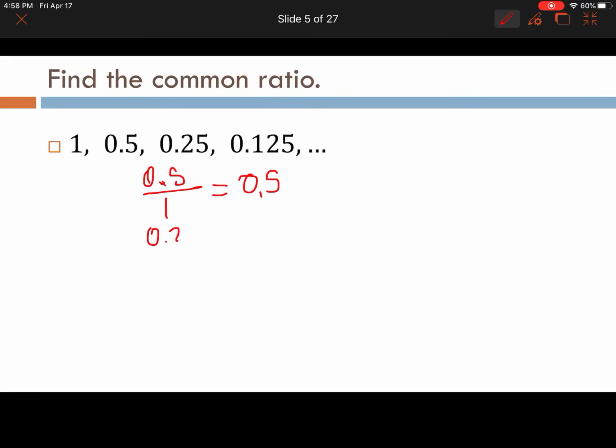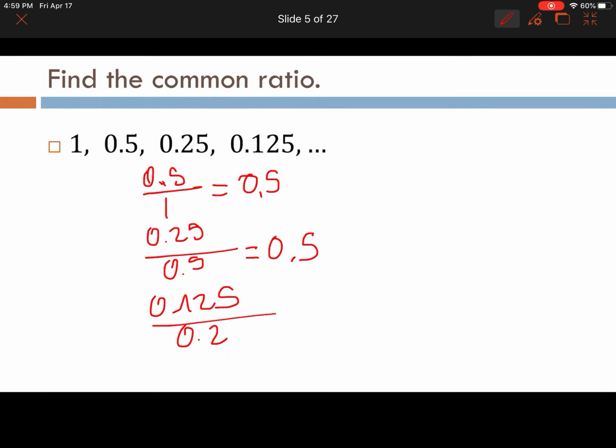So 0.25 divided by 0.5, that is going to give us 0.5 again. And it's true as well that if we did 0.125 and divide that by 0.25, we also get 0.5. So that ratio, that common ratio, which we call r, is going to be 0.5.